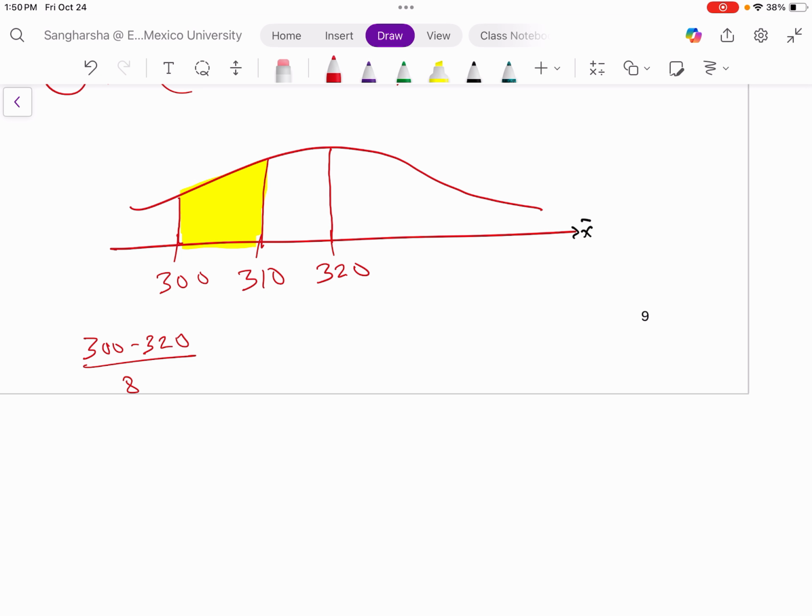This is negative 2.5. For 310: 310 minus 320 divided by 8 is negative 1.25.